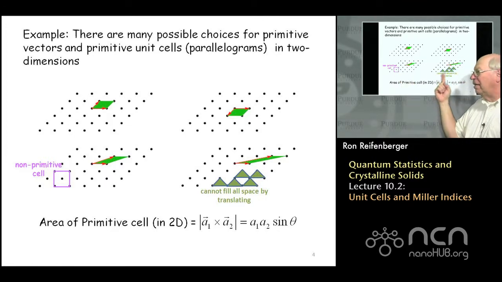Unit cells that are not allowed would have a shape that under translation does not allow you to fill all space. So for instance, if someone decided to define a unit cell that looked like this triangle, that would not be valid, because if you translate that unit cell in the XY plane, it's not possible just under translation alone for you to fill all the space that's taken up by the location of atoms.